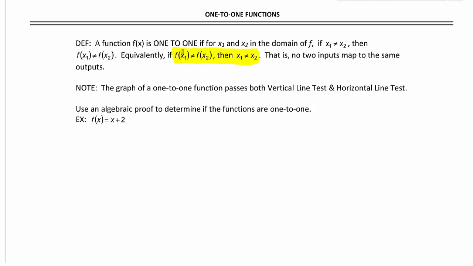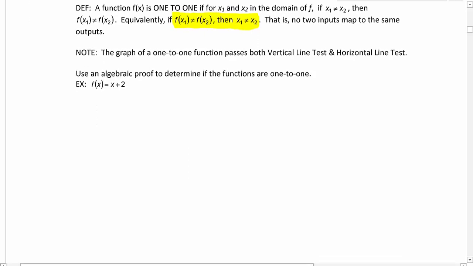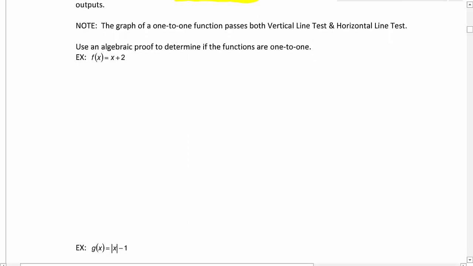So we're just doing the opposite of both. Instead of not equal to, we're going with equal to. And if we can prove that x1 equals x2, then we have a one-to-one function. But if the algebra doesn't work out so that we get x1 equals x2, then it's not a one-to-one function. All right, so let's see how this works.